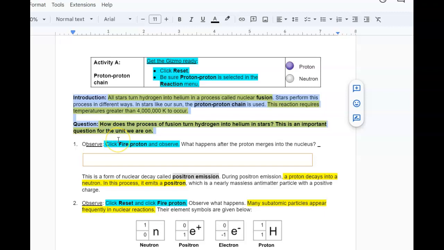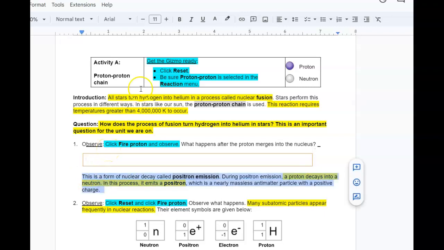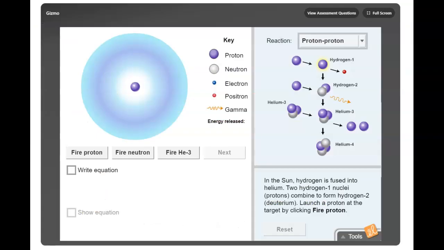Click fire proton and observe. What happens after the proton merges into the nucleus? So for this part, I will show you what to do. You're going to answer the question, then you're going to read the paragraph after the question. So it says fire proton. That's down underneath our atom. So you're going to click on this button.